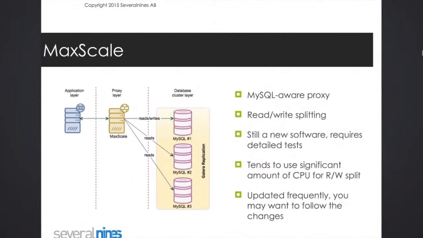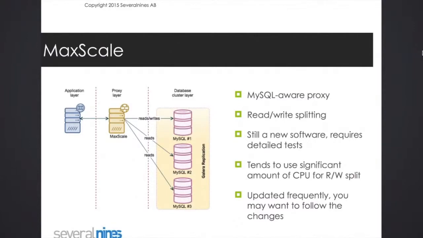For MaxScale you can push all the traffic to a single port, and MaxScale will split it on its side and route the traffic accordingly, writes to the master and reads to the slaves, depending on the logic. MaxScale is still new software, and if you think about using it in production, you definitely want to do some detailed testing around it.